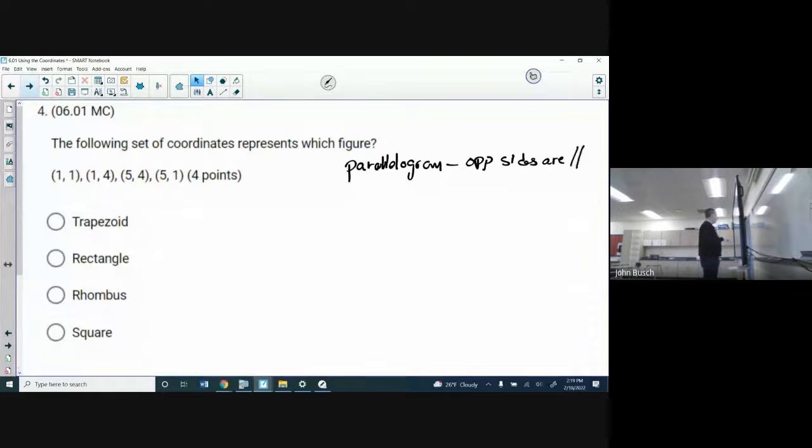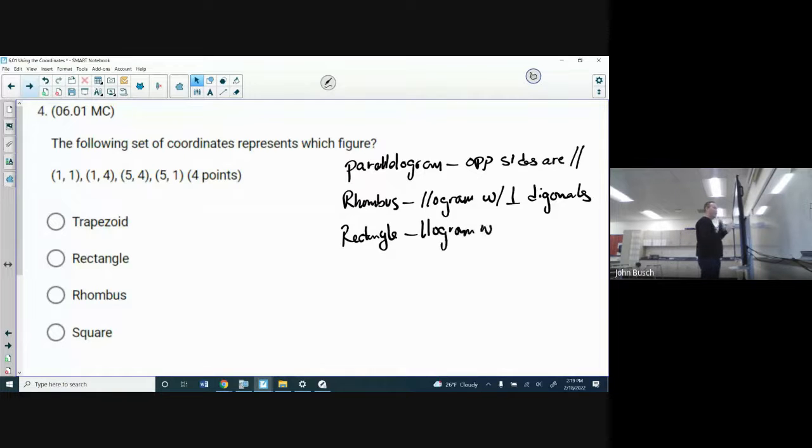If it's a rhombus, it's a parallelogram with perpendicular diagonals. If it's a rectangle, it's a parallelogram with perpendicular sides.